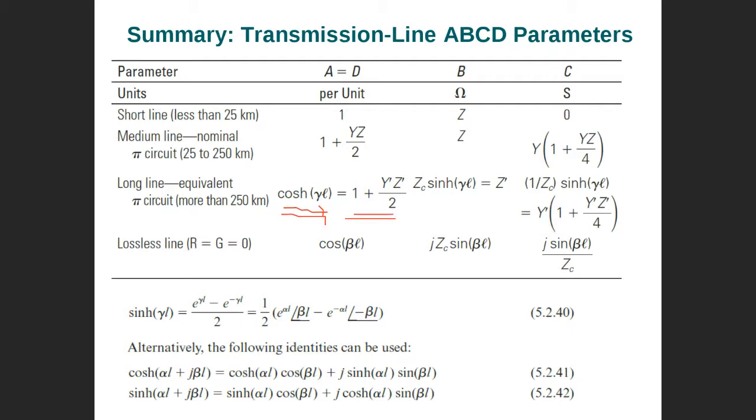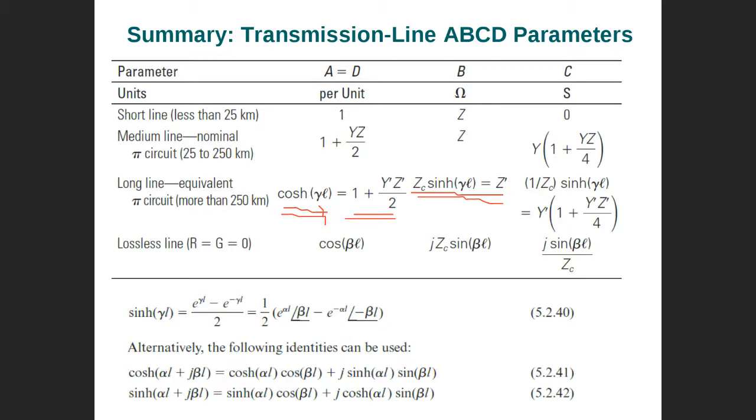B is this one. B is simply Z prime. So we want to find Z prime, not Z. We want to multiply Z by the correction factor. Now remember the difference between long line and short line. In the assignment, if I ask you to solve by long line and you solve it by medium line, although the difference may not be that significant, maybe 2%, you will get 0.